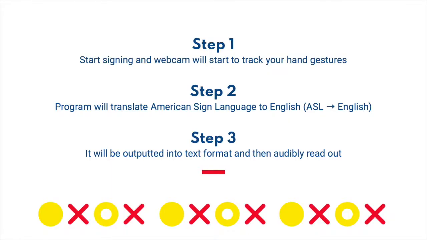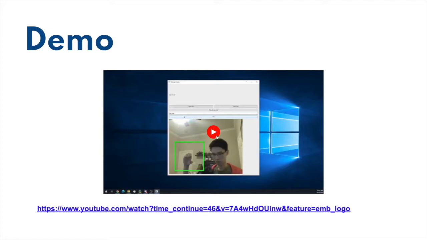So what's gonna happen is the person is gonna start signing to the webcam, and the webcam's gonna start tracking the hand gestures, and then the program will translate those hand gestures from ASL to English, and the English text will be then outputted and read out loud through the speaker, so that way the people that are speech impaired can actually be heard through the video. We're going to go through a quick demo of what it's going to look like.